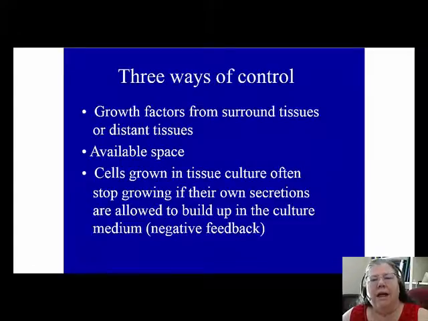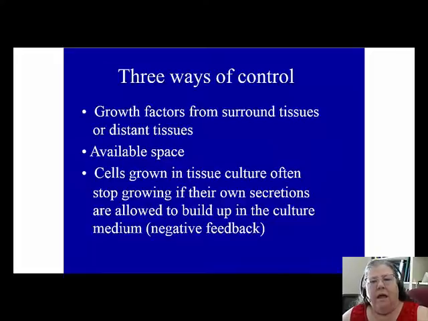There are a lot of ways that growth is controlled. So there are growth factors, and the growth factors may be produced in surrounding nearby tissues, or they may be hormones that are coming from distant organs or tissues and being brought through the bloodstream into the extracellular fluid. Sometimes simply the space available controls reproduction.